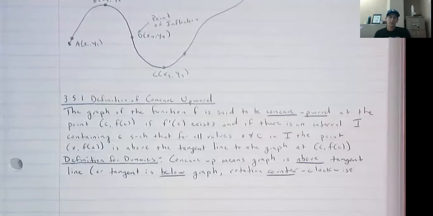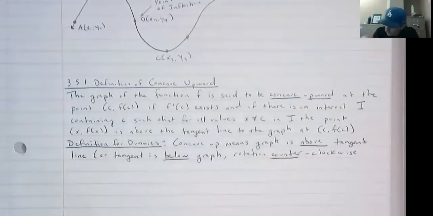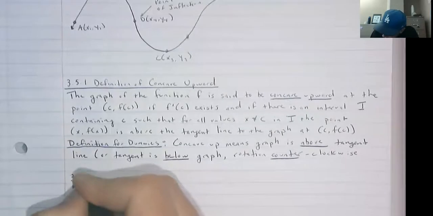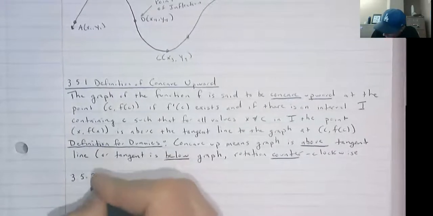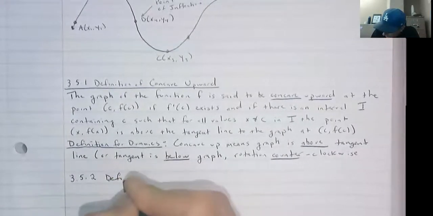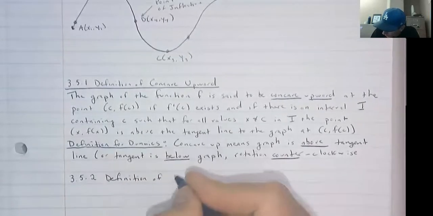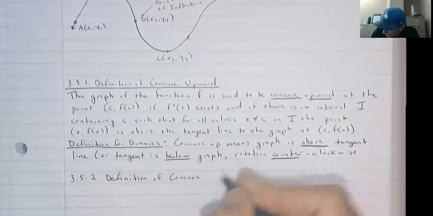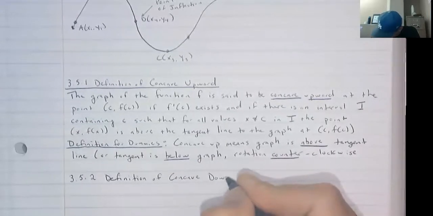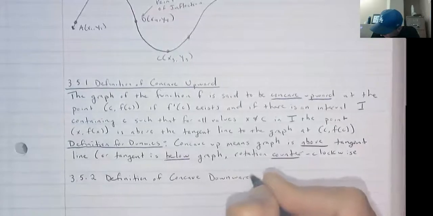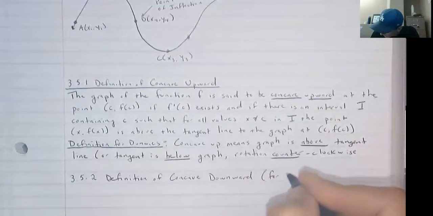And then we have a similar kind of stuffy example or definition of concave down, which, to be honest, let's just skip that. We'll go straight to the definition for dummies. 3.5.2, definition of concave downward for dummies.